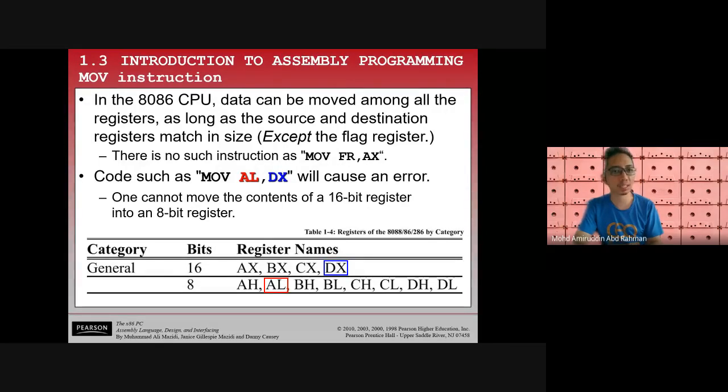It cannot be done because it violates the rule. But we can move the content from an 8-bit register to a 16-bit register. That is fine.